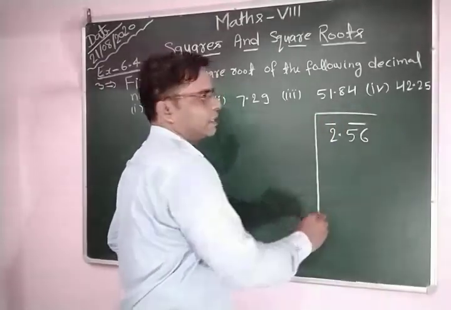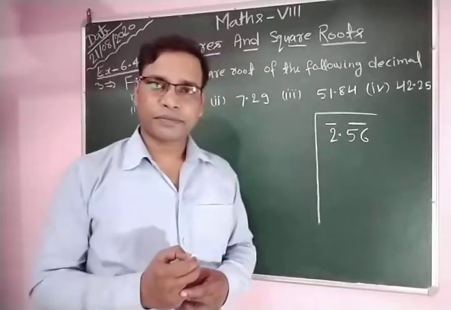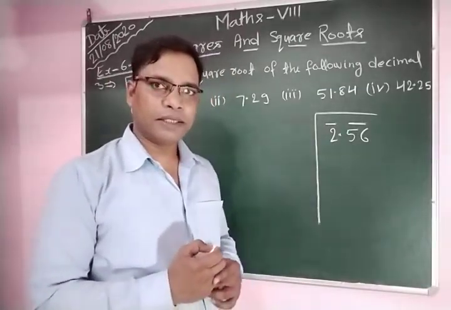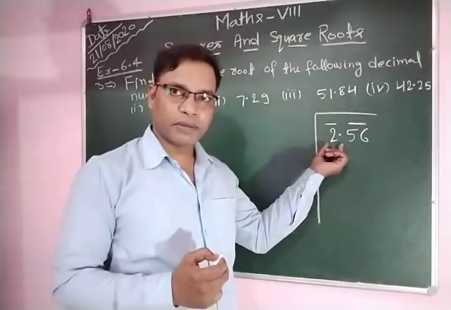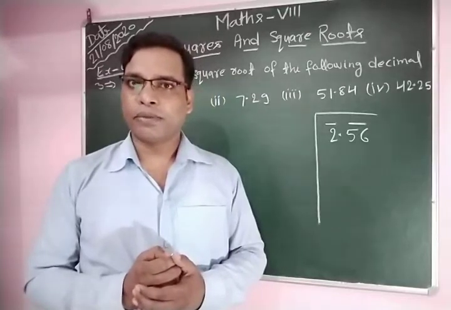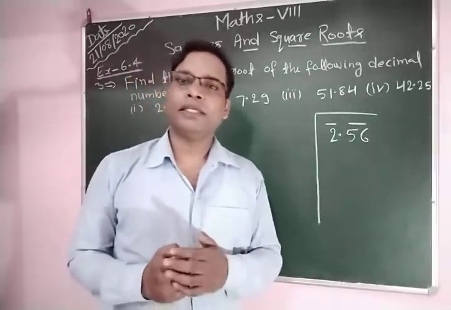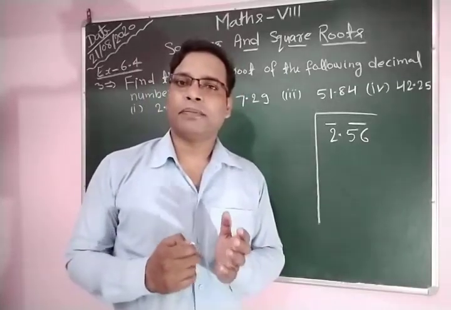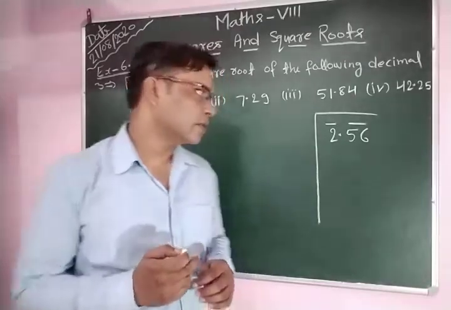Now we write this and take the left extreme pair. Here you can see the left digit is 2. So we select a number whose square is less than or equal to 2, and we write this number at the place of quotient and divisor.